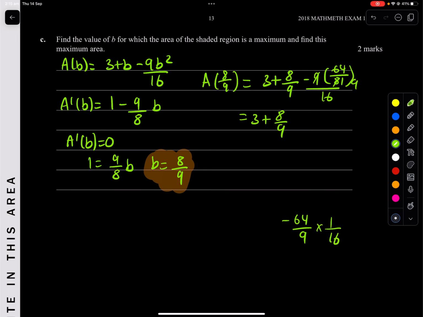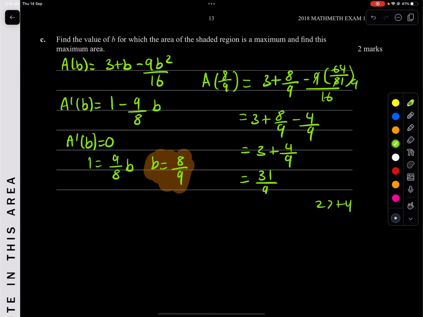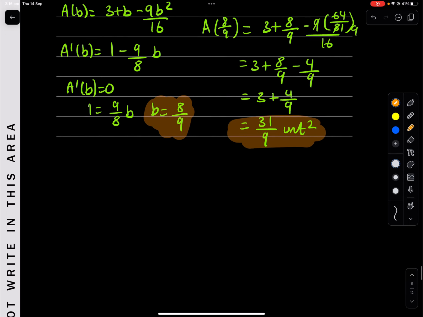So 16 fits 4 times in there, so it'll be negative 4 over 9. So 16 minus 4 is 12 over 9, which is 4 over 3, units squared. Done. Wow, that was a quick walkthrough.